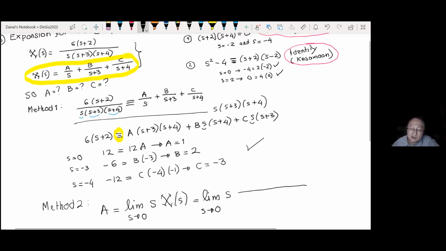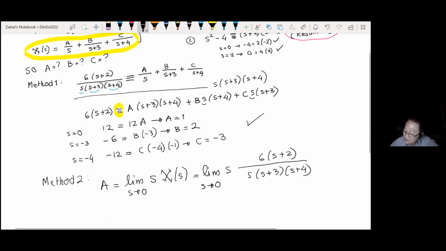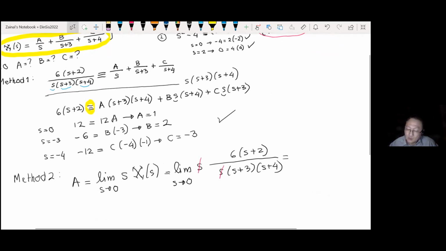Xs is, look, 6s plus 2 divided by s plus 3, s plus 4. Right? So this one cancels out with this one, and you substitute s equal to 0. Then this one becomes 6 multiplied by 2, while this one is 3 multiplied by 4. So this one is 1.